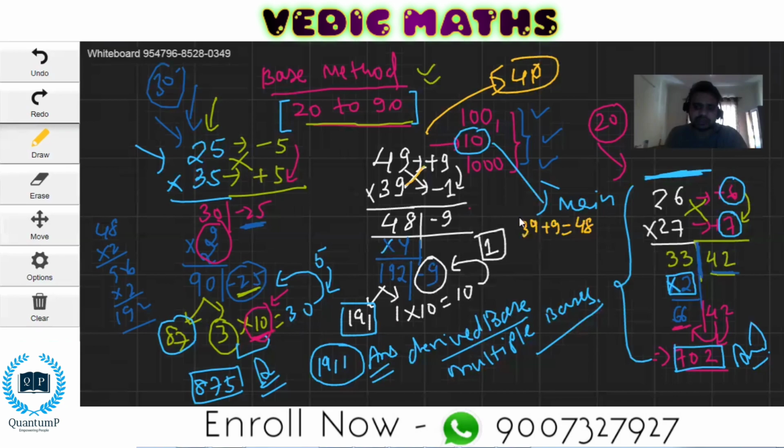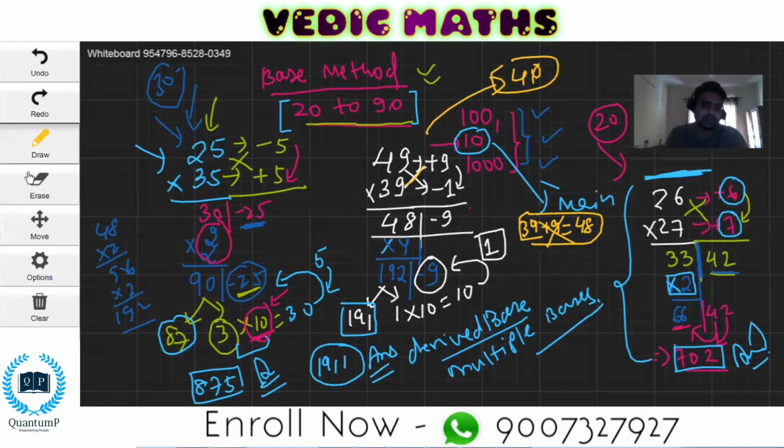If you avoid this process of writing the plus, then obviously your speed will be increasing. Try to inculcate this. That is what our requirement is, that we try to do a lot of things in the brain only, in the mind only. That is what we have to do.